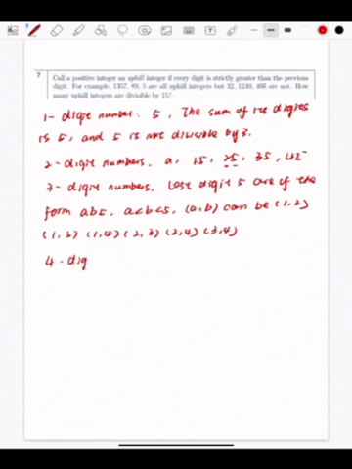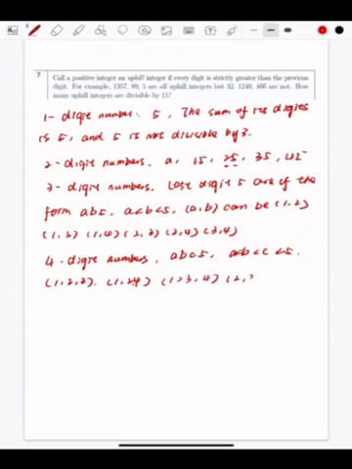Also for the 4-digit numbers, that is ABC5 here. And also, this is the bigger and smaller one. And the only possible combinations are 1 2 3, 1 2 4, 1 3 4, and 2 3 4 here.